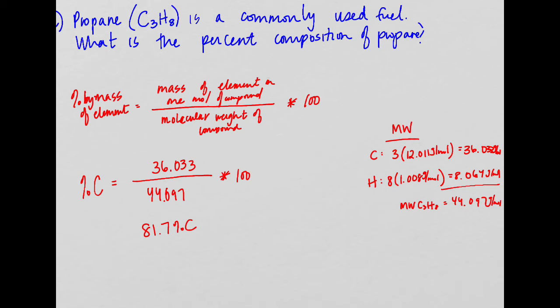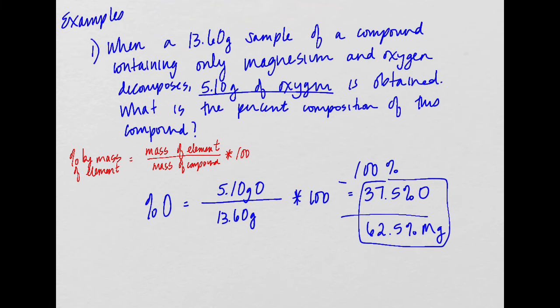That means that if I subtract 81.7 from 100, I get that 18.3% must be made up of hydrogen. So there's my percent composition for that. Well, these were pretty simple. There were only 2 elements for each of these compounds.